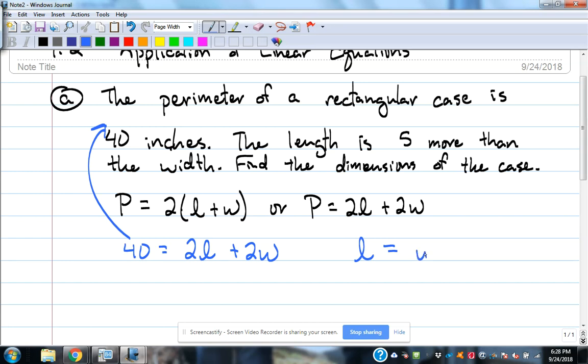Or W plus 5 would be a good way to say that. The length is 5 more than the width. If L is equal to this, and we got this big old formula here, it's got an L in it. Can I replace that L with this? That's what I'm going to do.